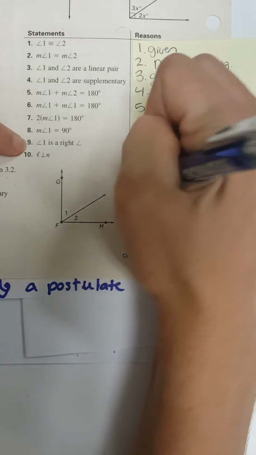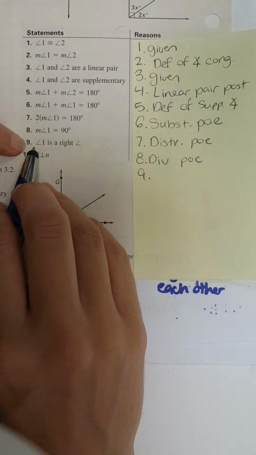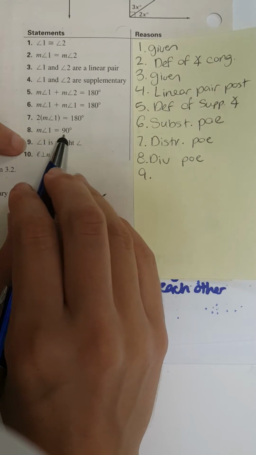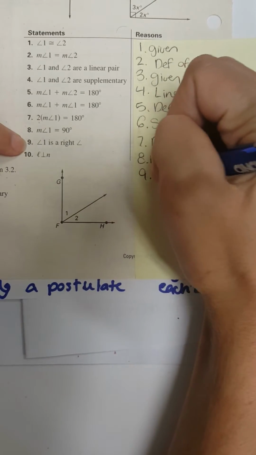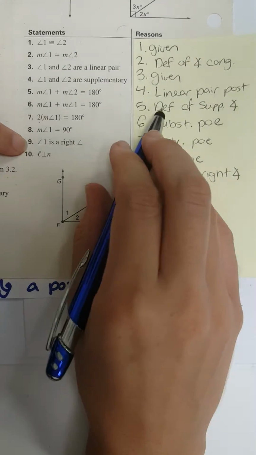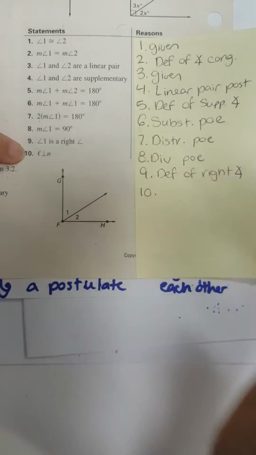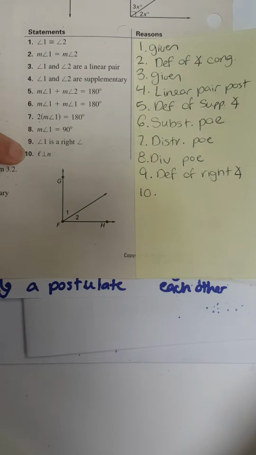Number 9. Why am I allowed to say that angle 1 is a right angle then? Well, it says it's equal to 90 degrees, so that's just a definition of right angles. Notice these are all equal signs and we're using a lot of definitions. Okay, number 10. Why am I allowed to say they're perpendicular?